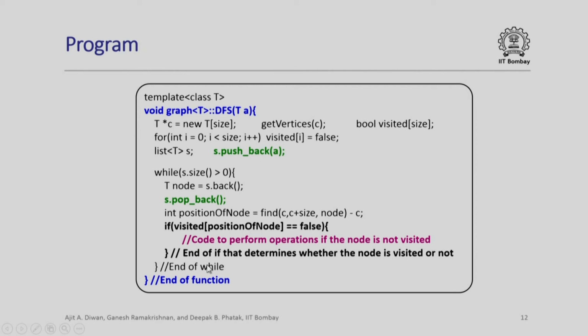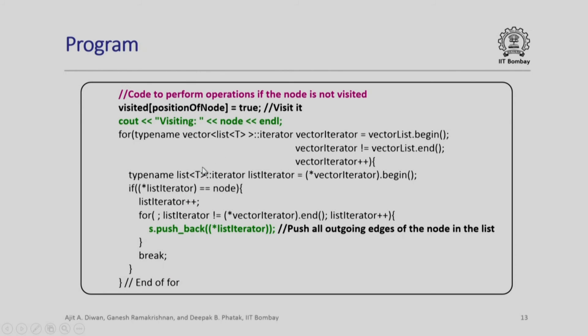If not, then I come out, and I will go to the end of the while, doing the same thing, keeping on visiting things. Please note that the while loop ensures that successively I will pop back and keep visiting the pop back node as per this logic. Let us look at code to perform operations if the node is not visited.